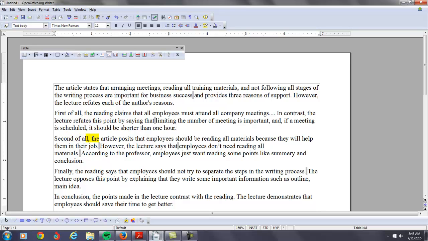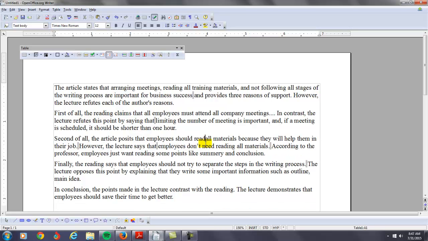Second of all, the article posits that employees should, you can probably just use here, should read all materials because they will help them in their jobs.